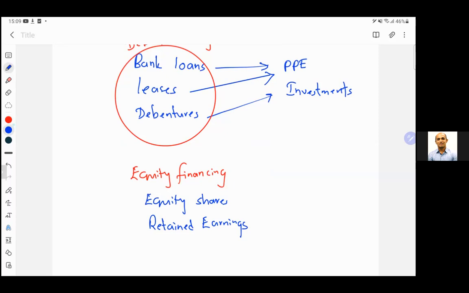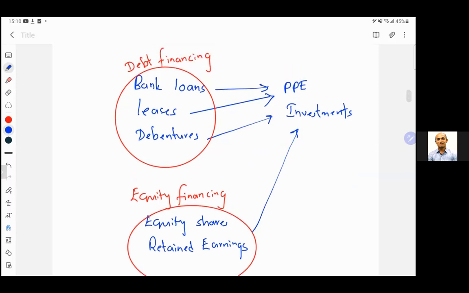We call them equity financing. These are also for investment in property, plant, and equipment and various other long-term investments.